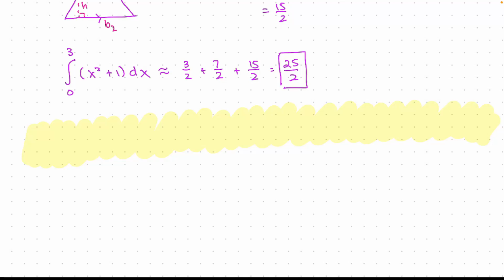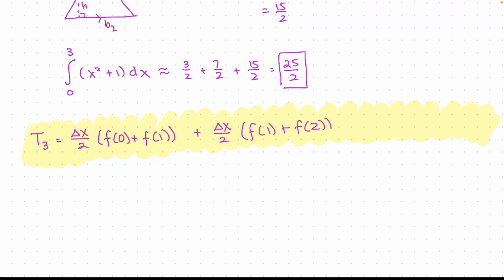So here's what I mean. In this case, the trapezoidal sum with 3 subintervals was equal to delta x over 2 times f of 0 plus f of 1. That was T1. And then we added T2, which was delta x over 2 times f of 1 plus f of 2. And then we added T3, which was delta x over 2 times f of 2 plus f of 3.